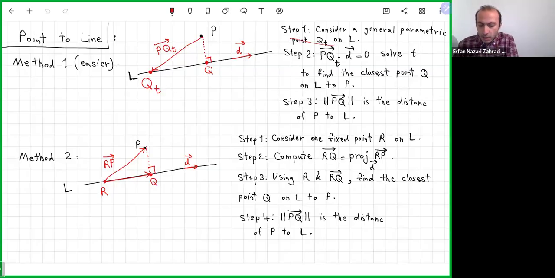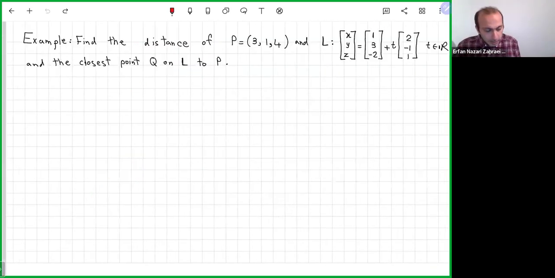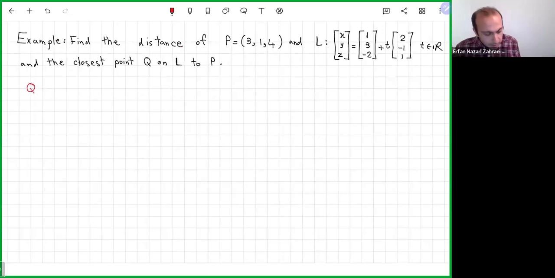Okay, so let's go with the first method. How should I start? Consider the parametric general point on the line. Let's call it Qt. It's given by this.